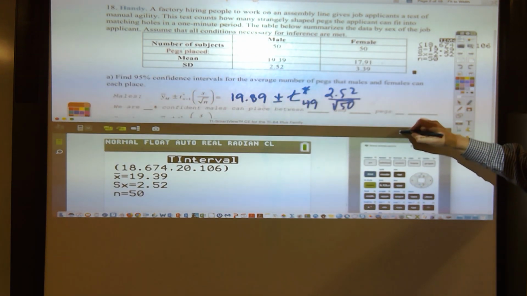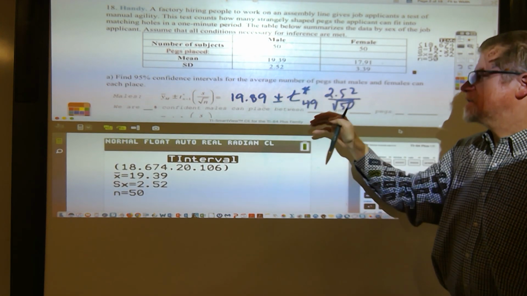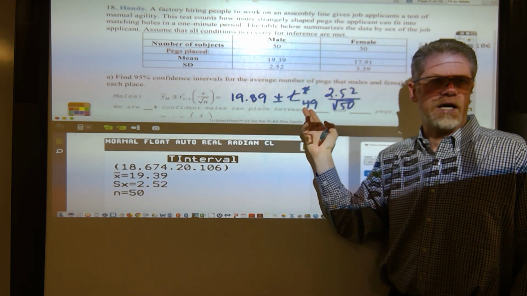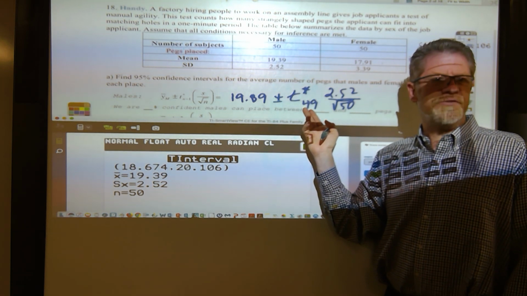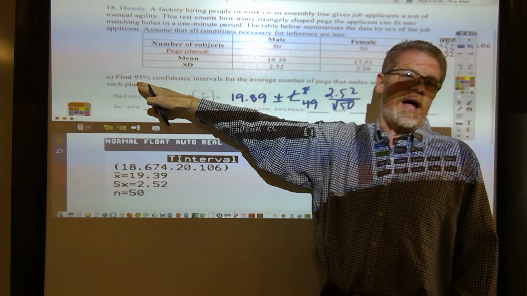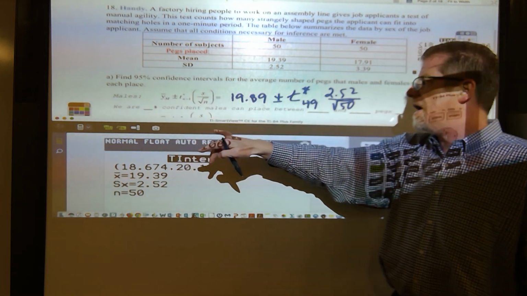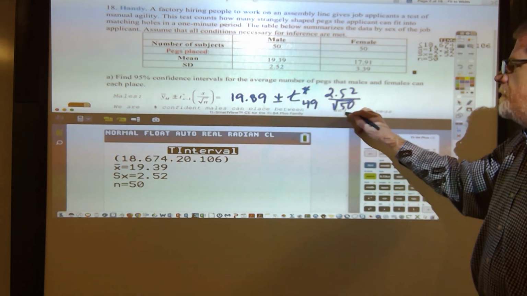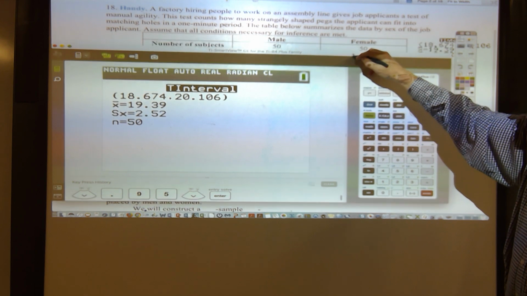Although I will point out that in the setup, you are responsible for actually finding the value of T star sub 49. That would just be your inverse T of 0.975, comma 49. That would give you this number. That'd be part of the setup. But we got 18.674.